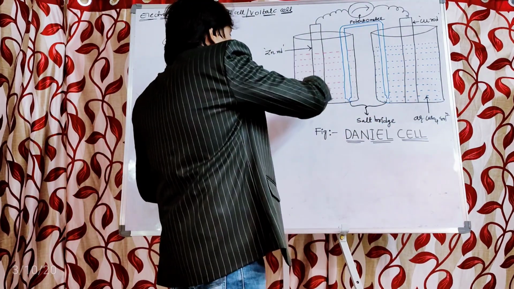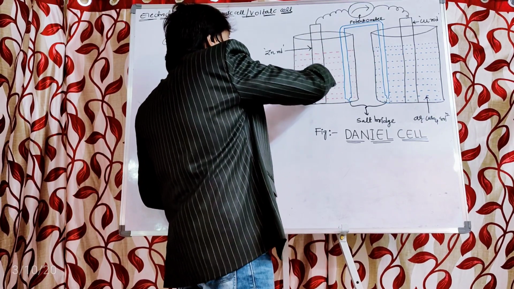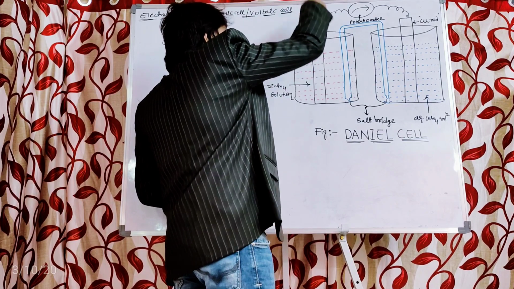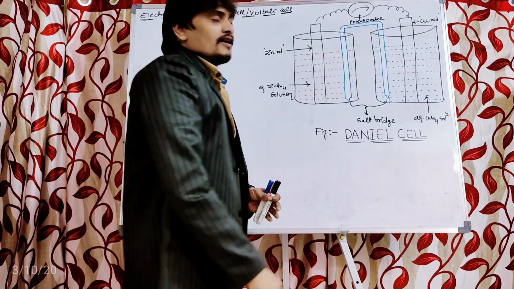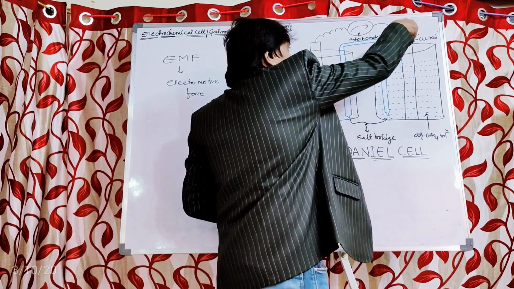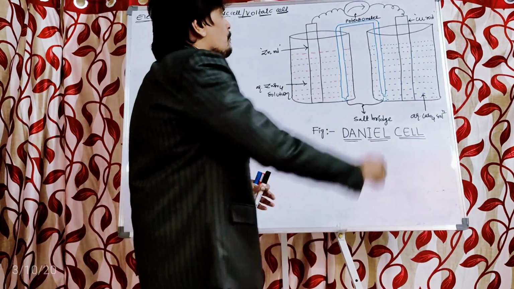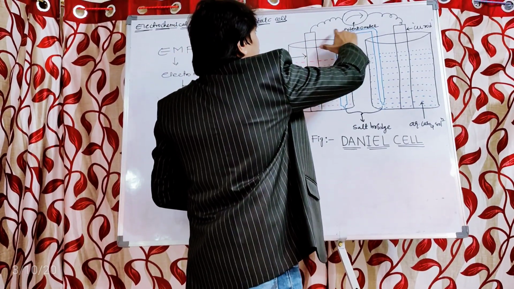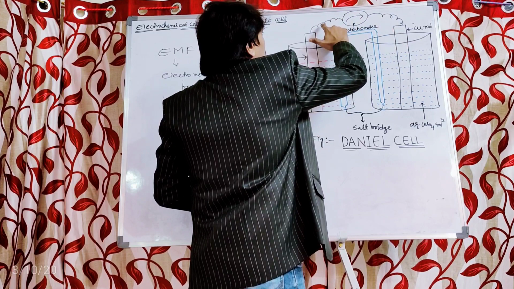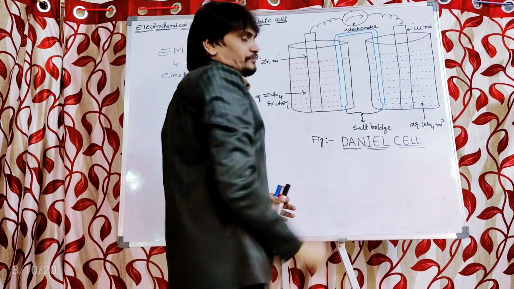In the beaker with aqueous zinc sulfate solution, we dip the zinc rod, and in the aqueous copper sulfate solution we dip the copper rod. Both should be connected externally, using a metallic wire, to the potentiometer.